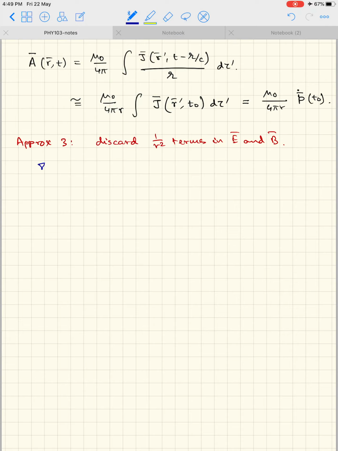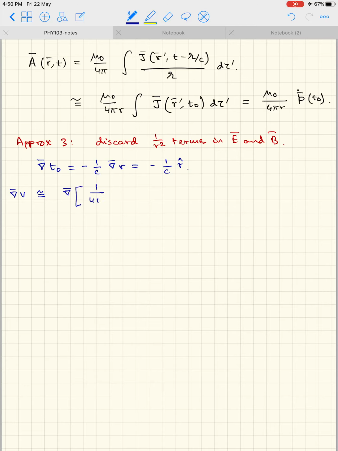So remember that the gradient of t naught is just 1 over c times the gradient of r, which is minus 1 over c times r cap. All right, and hence the gradient of V is approximately equal to the gradient of this last term.